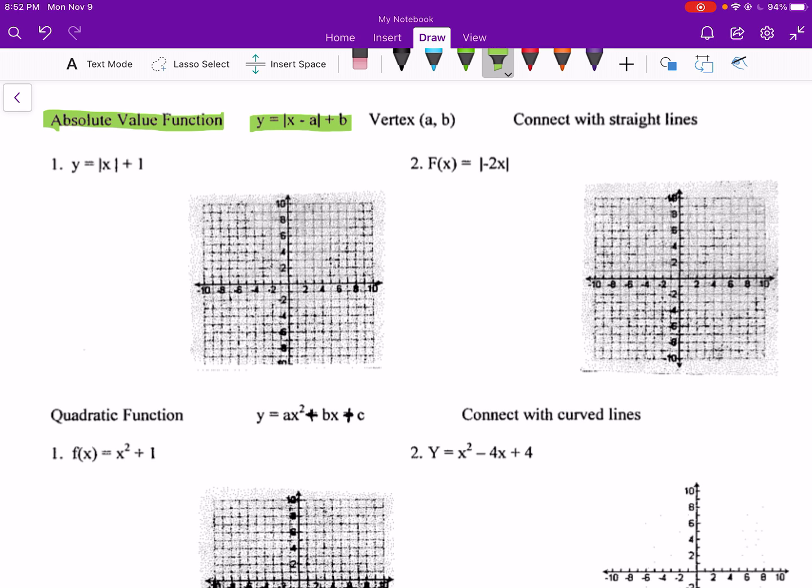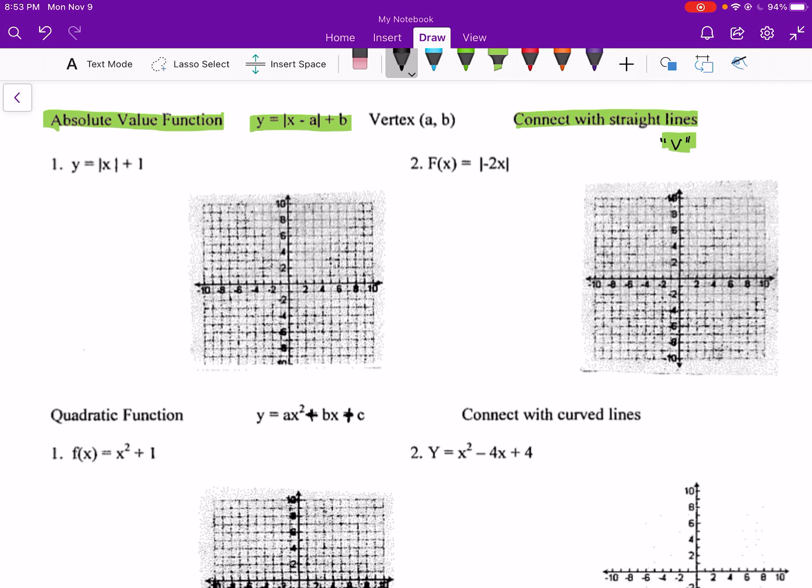Here's the general equation. I'm going to skip over vertex right now. We're going to come back to that. And then you're going to connect with straight lines. But this time, it's going to actually make a V. So whenever you make an absolute value function, it's going to make a V. Now, an absolute value function has reflective properties, meaning it's going to be reflective over a line, and so you're going to need to see one side and then the other.